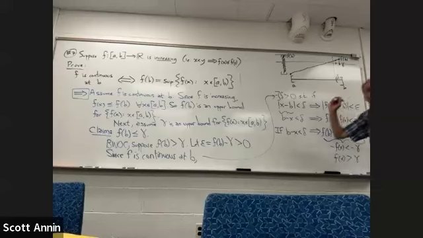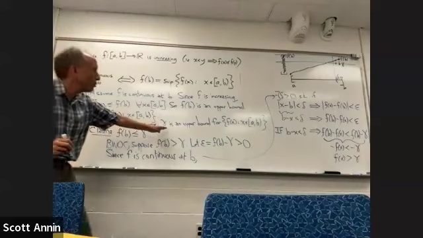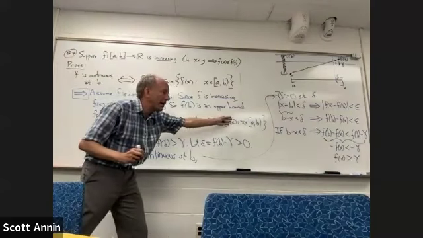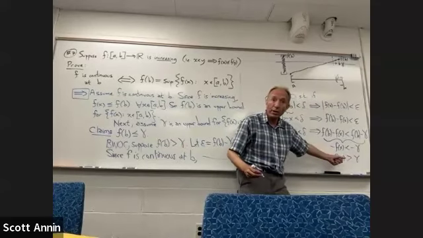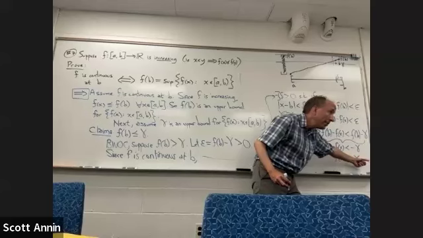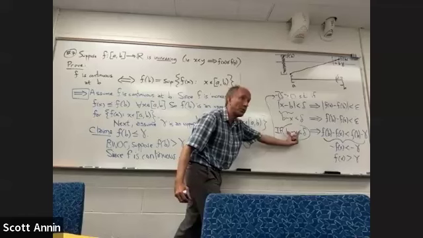But what's the contradiction? Gamma was supposed to be an upper bound for all of the f of x's, and look what's happened. We have found a bunch of f of x values that are bigger than gamma, for any x that satisfies this assumption here.